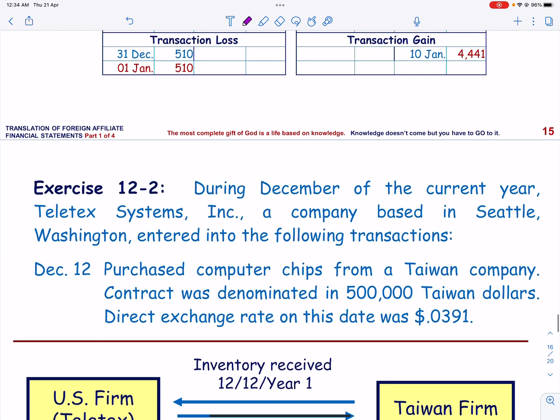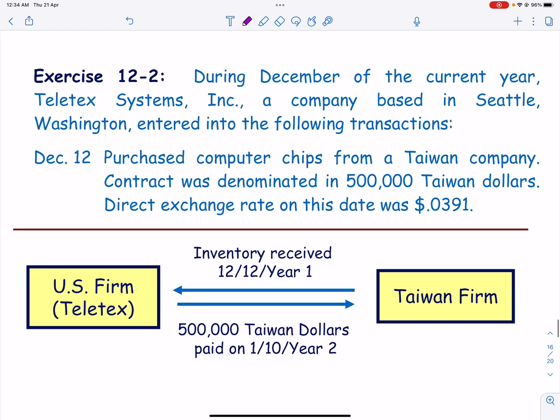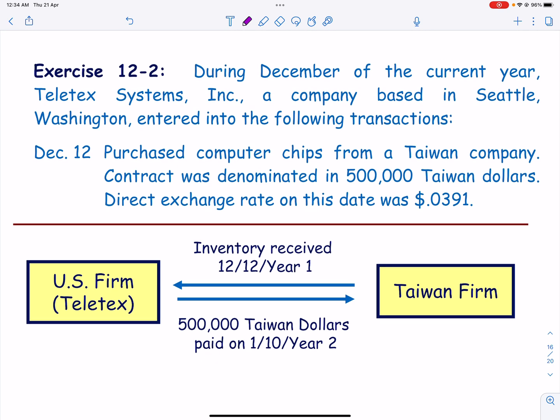Now, during December of the current year, Teletext System Incorporation, a company based in Seattle, entered into the following transaction. They are purchasing computer chips from a Taiwanese company, and the contract was denominated in Taiwanese dollars and not US dollars. So the direct exchange rate on this date was 0.0391.